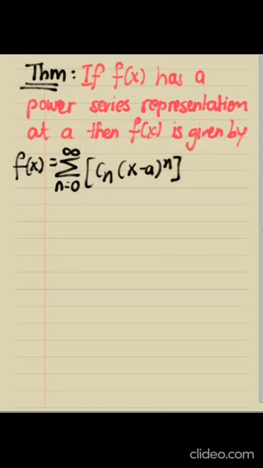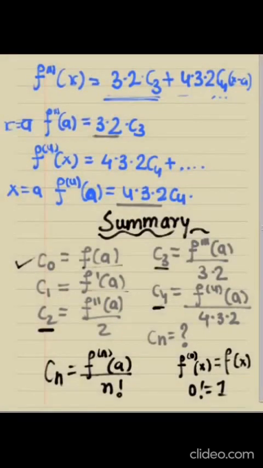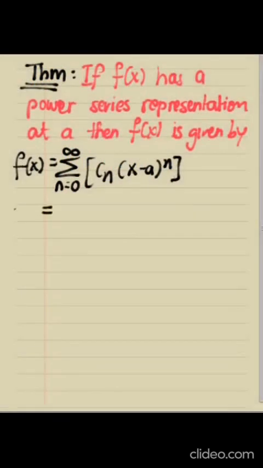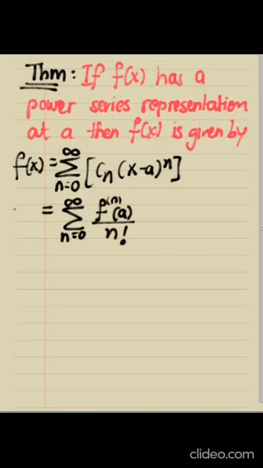And since we have our value for Cn here, we're going to put that in. So we get f of x equals the sum from n equal to 0 to infinity of f nth derivative of a over n factorial times x minus a raised to n.